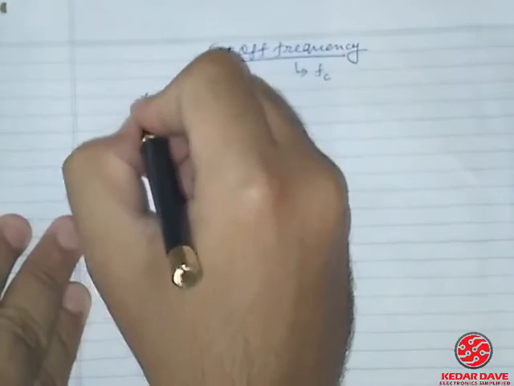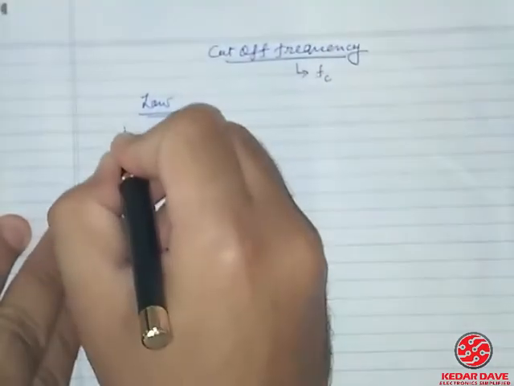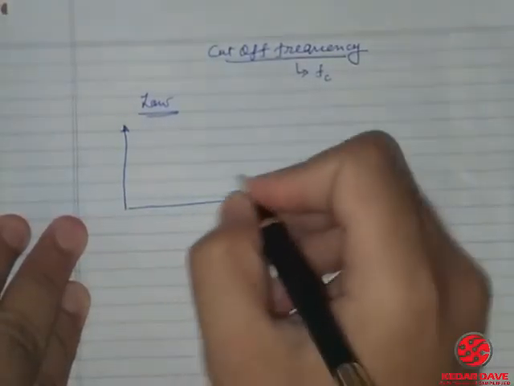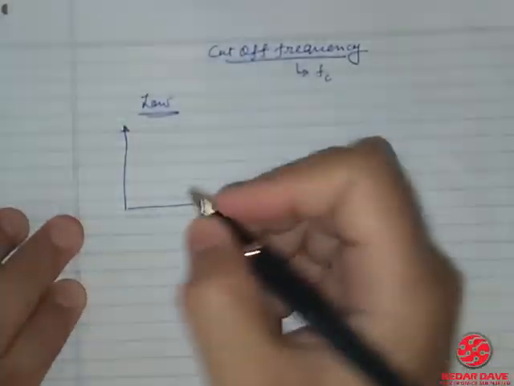Now in the low pass filter, if you have seen, we are getting the cutoff frequency at some particular point.